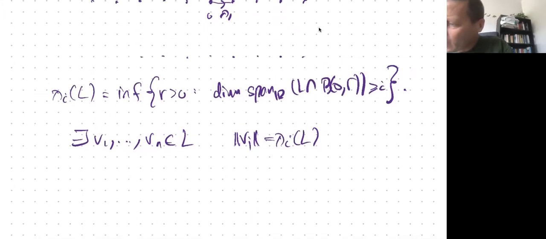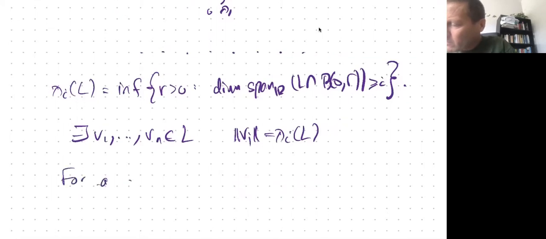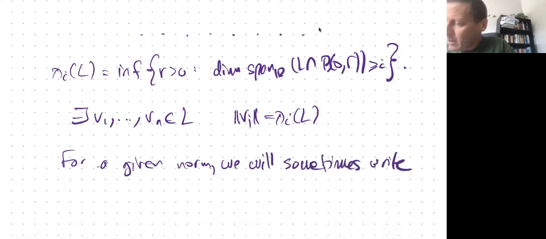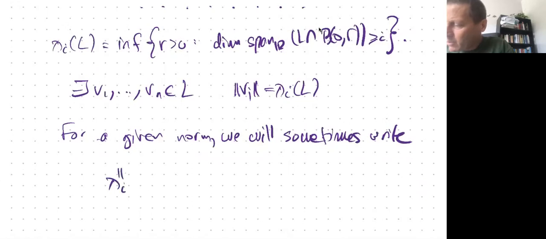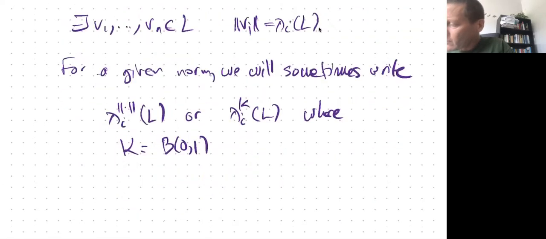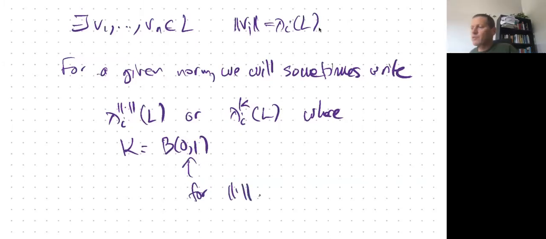So typically, for a given norm, if we want to indicate the norm, we will write lambda_i with the norm on top, or lambda_i with a K on top, where K is the unit ball for this norm, the unit ball with respect to the given norm.